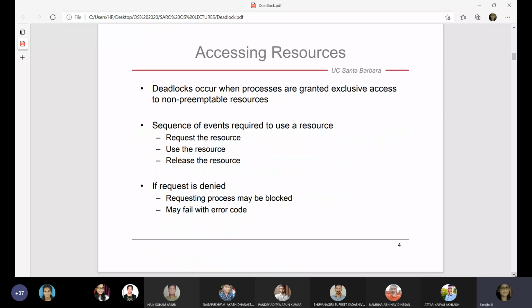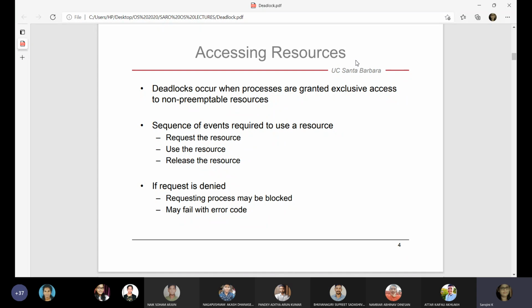These are basics we have to know before going into deadlock. Deadlock occurs when processes are granted exclusive access to non-preemptible resources. Wherever the system is non-preemptible, there only the deadlock can occur.